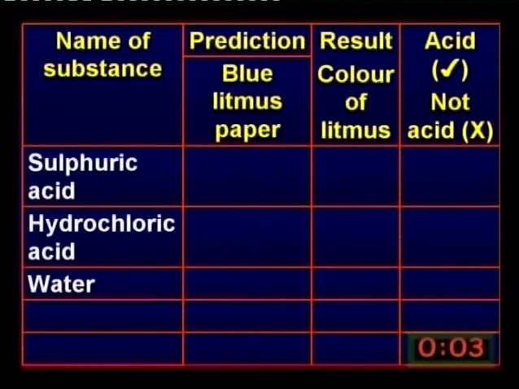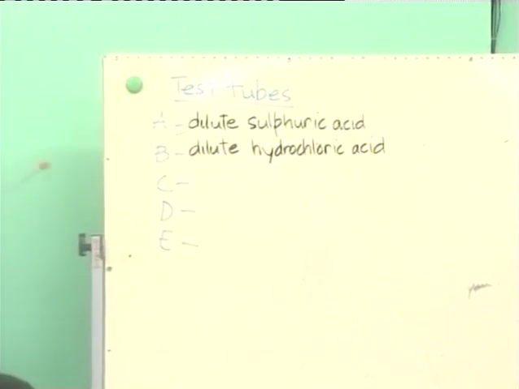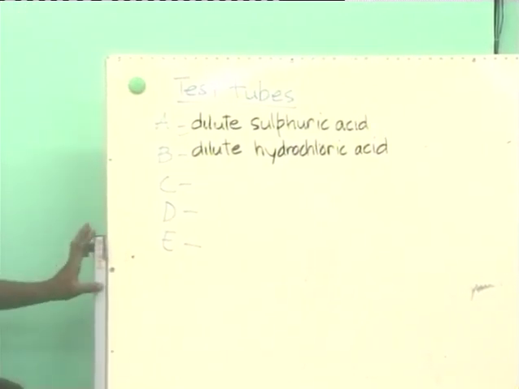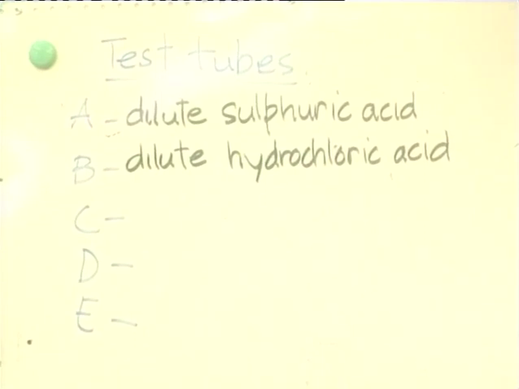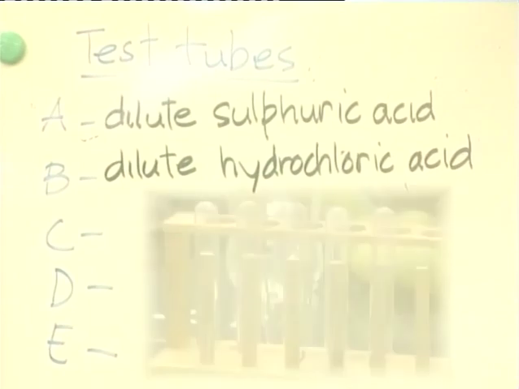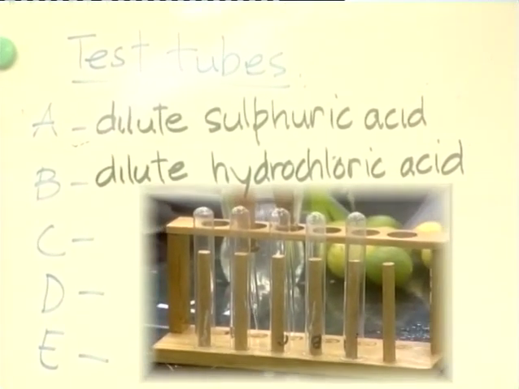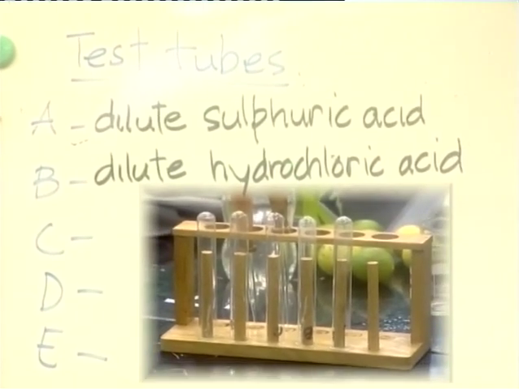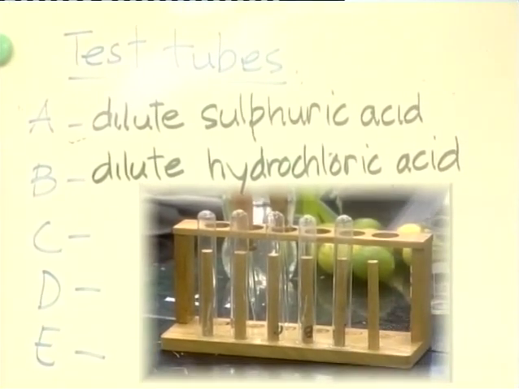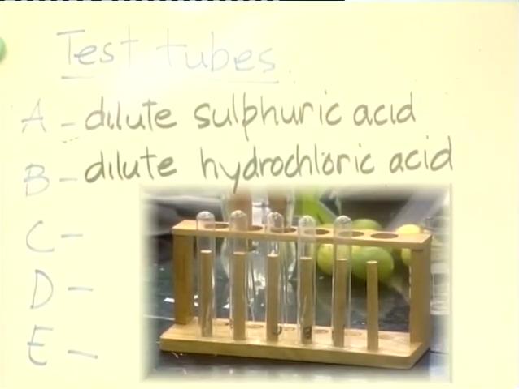Have a look at the whiteboard here. We'll come back to your predictions. Have a look at your whiteboard. There are 5 test tubes in your test tube racks. And you will see on your test tube racks they are labeled A, B, C to E. The first test tube will be sulfuric acid, which we will put in. And test tube B will be dilute hydrochloric acid.